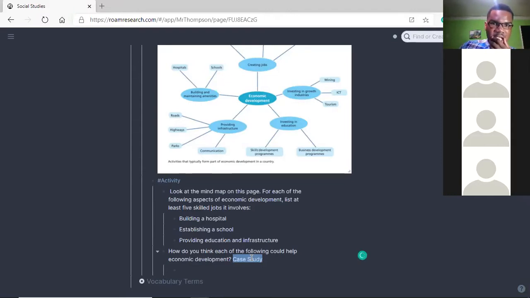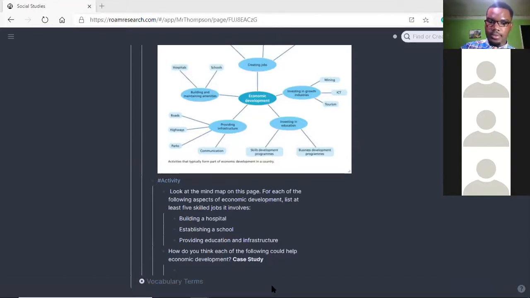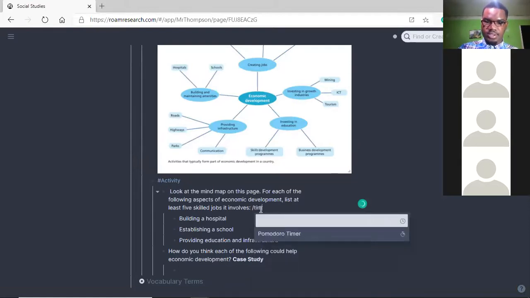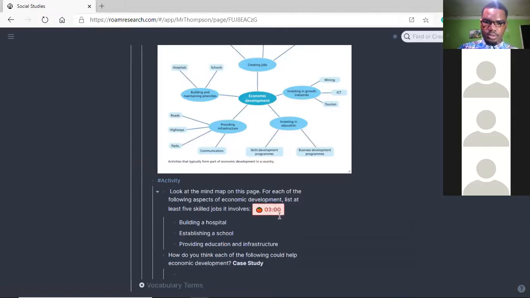So if something is happening, like education is dwindling or something that's bad that's happening, we can have a case study to observe it, which is just simulating it. So in the case of economic development, we're gonna have a case study to see what is going on. And when you finish with that, we're gonna get into it. But just for now, let's wrap that up. 3 minutes. Let me put the timer just to make sure you're taking 3 minutes. Timer, 3 minutes. There you go. All right. I'll stop talking for 3 minutes. Okay.